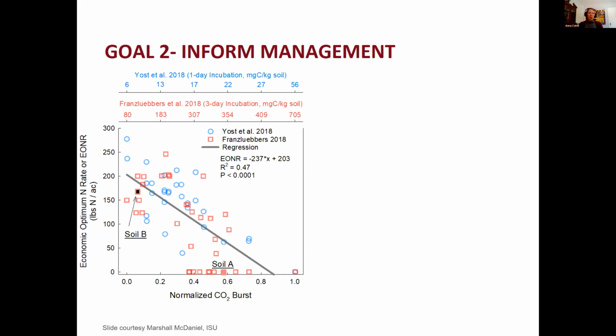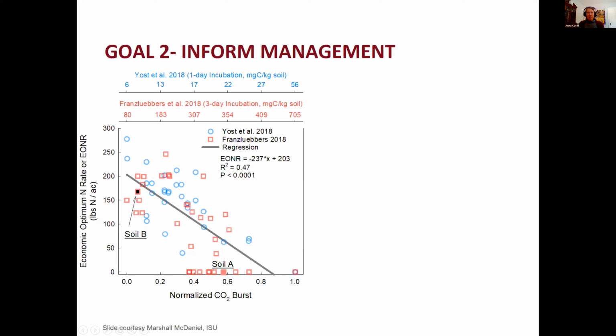And the economic optimum nitrogen rate, remember, would be 0 when a test plot with no nitrogen added yielded the same as a test plot with sufficient nitrogen added. So like these ones down here, they essentially don't need nitrogen to perform at the same level as with a lot of nitrogen added. So that relationship really shows that as you have a higher CO2 burst test value, you needed less nitrogen in the soil.